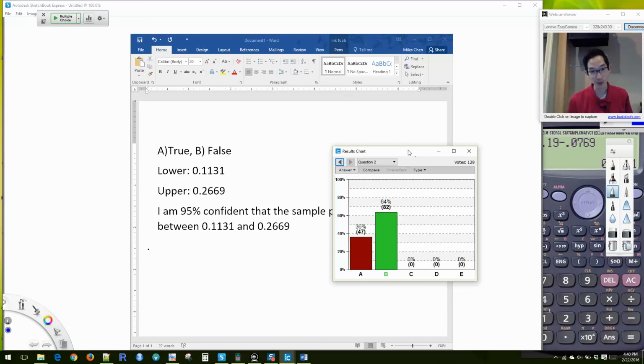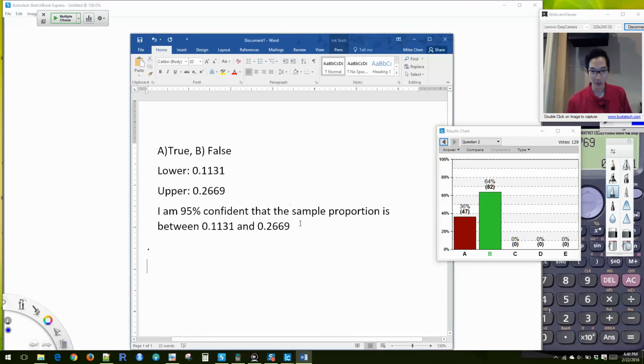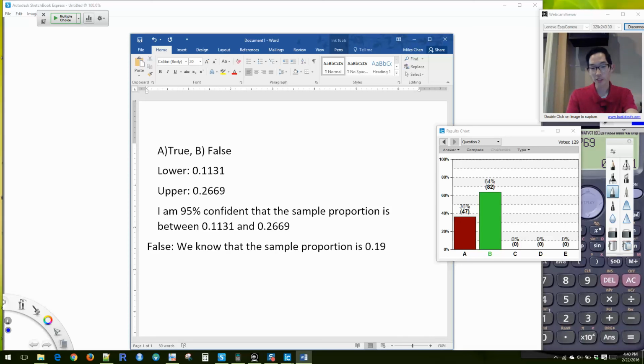This one is false, okay? All right, so why is this false? We know that the sample proportion is 0.19, okay?